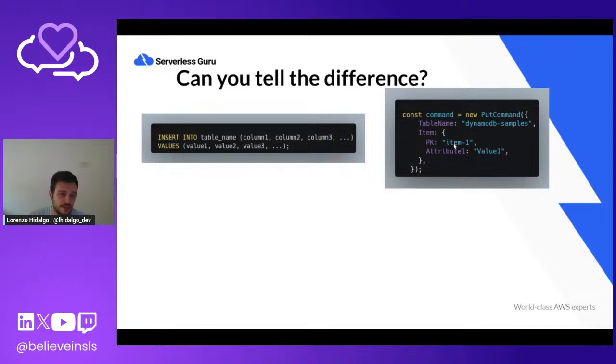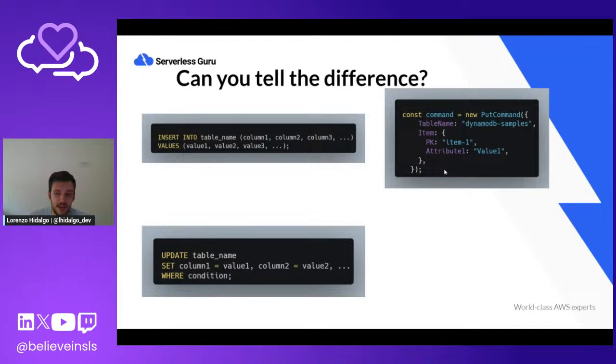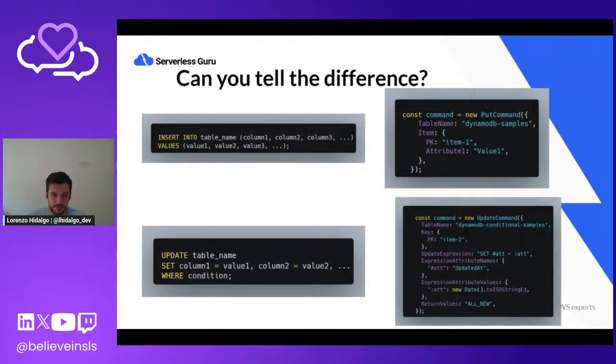We have the primary key. In this case, we don't have any sorting key, and then all the different attributes and values that we want to store. With an update item on SQL, we have the UPDATE table name, SET the columns to be updated, and the WHERE clause to explain where we want to actually update something.